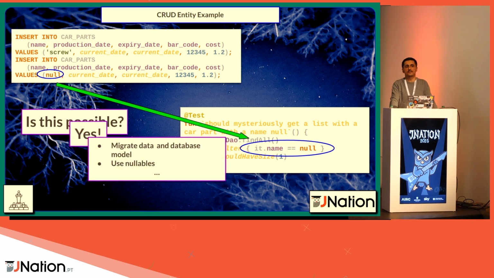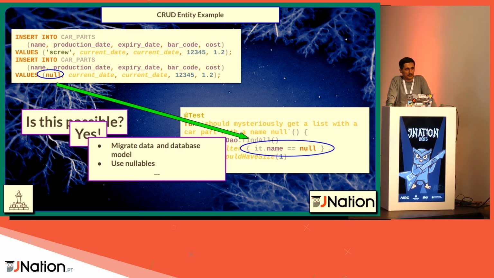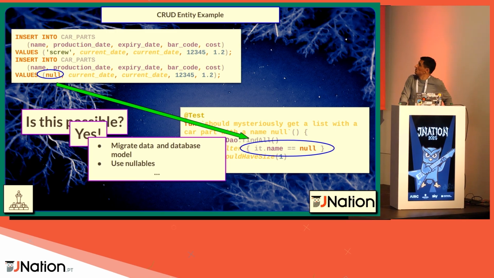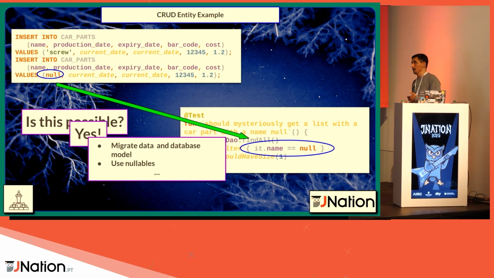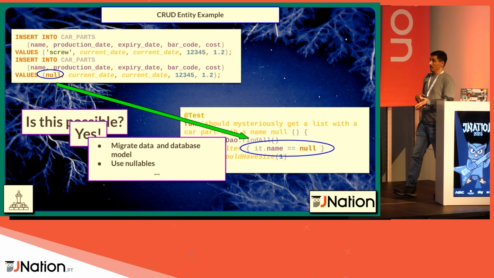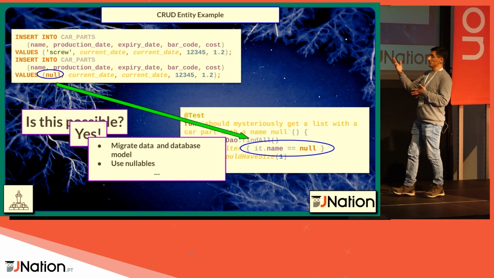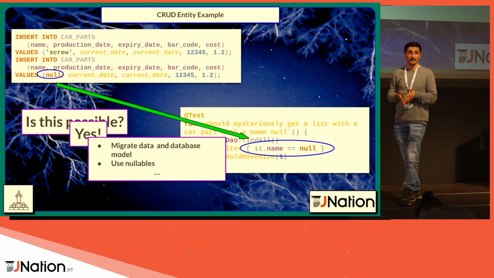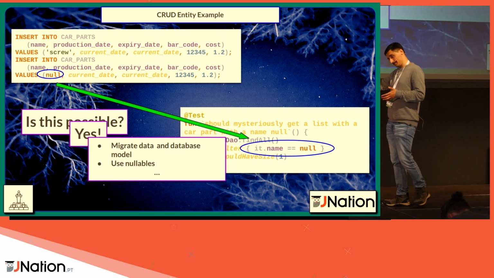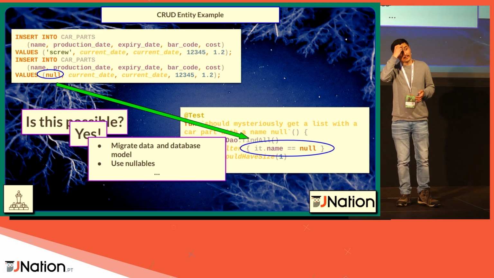What this forced us to do in our work environment is migrate our data, and it forced us to rethink our model. And in some cases, we had to use nullables. So that means that we didn't take any benefit from null safety in Kotlin in this case. We simply used the question mark next to it.